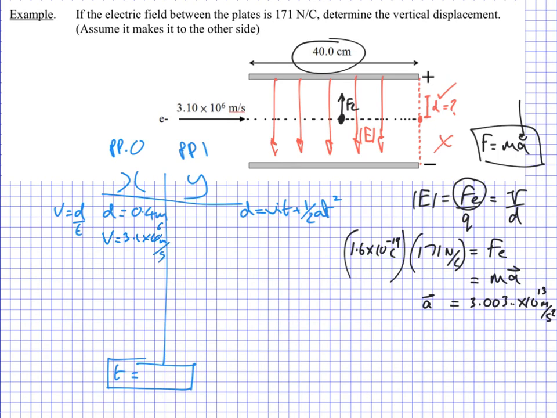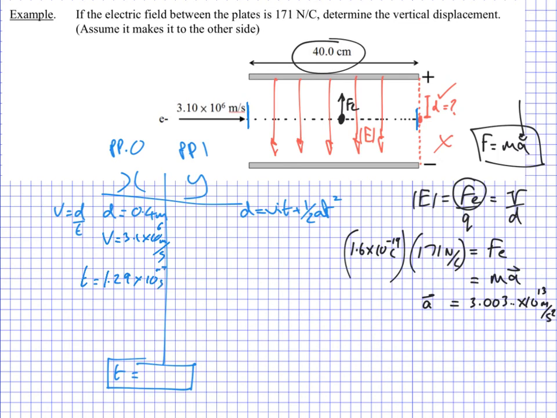And then we can work out the time. So the time it takes to travel the horizontal distance from here to here is, if you put it into your calculator, 1.29 something times 10 to the negative 7 seconds.